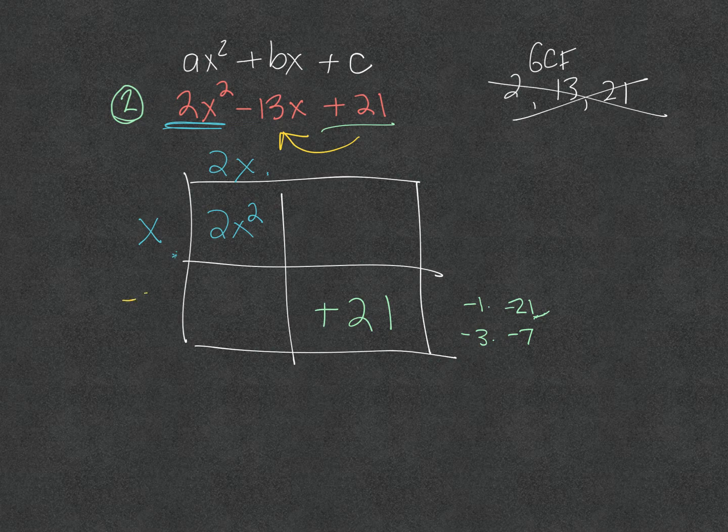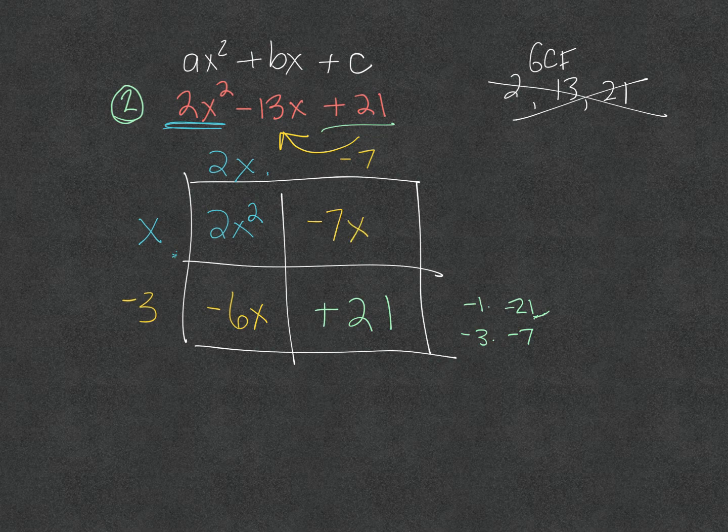And I'm going to place them knowing that I might have to change the location. So if I put the negative 3 here and the negative 7 here, when I multiply negative 3 times 2x, then that is going to give me a negative 6x. And when I multiply the x times a negative 7, then that is going to give me a negative 7x.